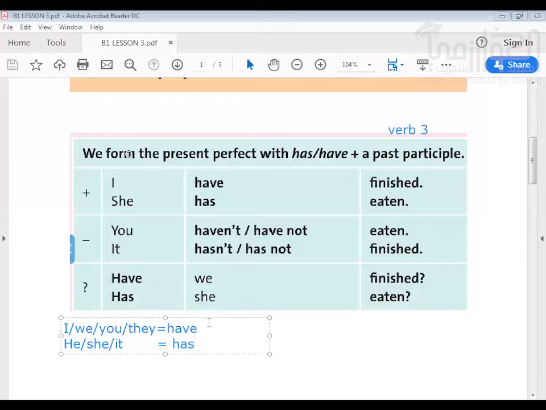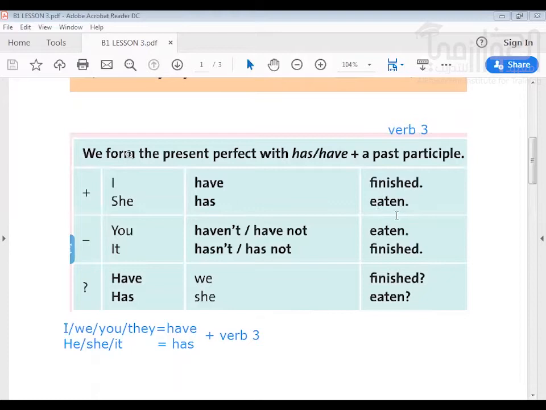Okay, so we use I, we, you, they, have, he, she, it, has, with verb 3. So let me add it here. With verb 3. So we use I, we, you, they, we use have, he, she, it, we use has, and then verb 3, tashrif athalith.